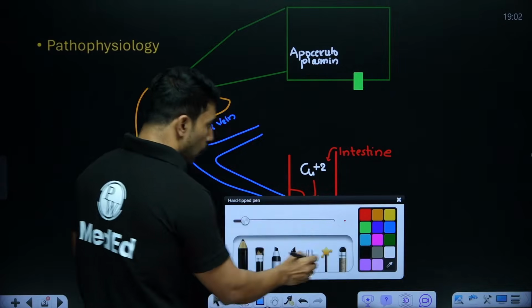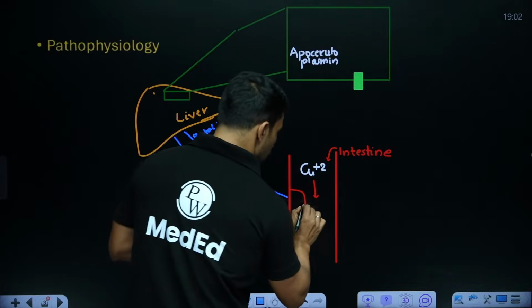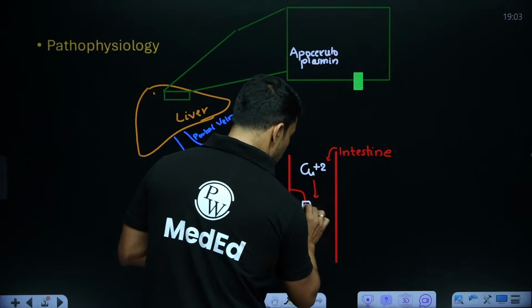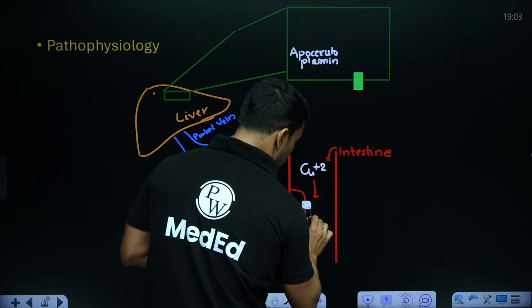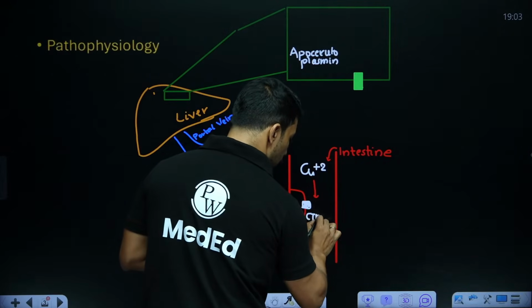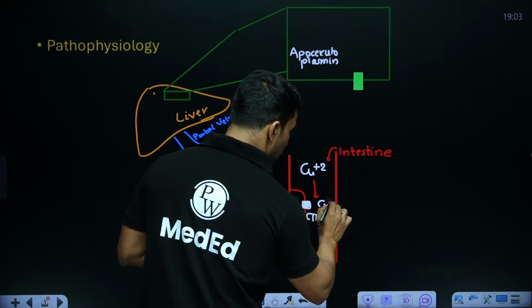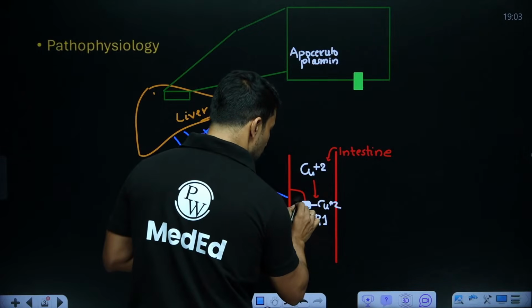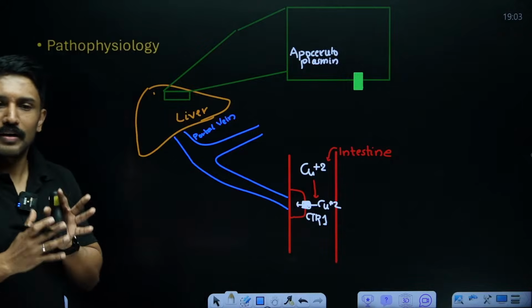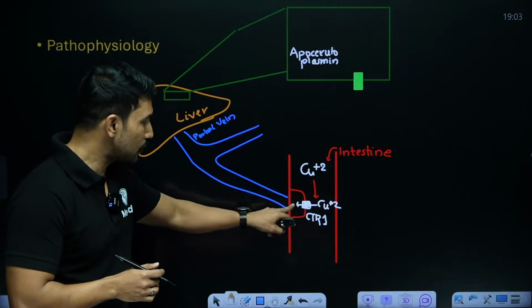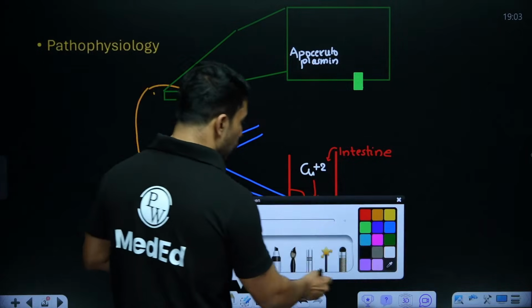To absorb this copper into the intestinal cells, we have a transport molecule called copper transporter 1 or CTR1. So, CTR1 will shuffle the copper molecules from the intestine into the enterocytes, and from the enterocytes I have to shuffle it out into the portal vein.